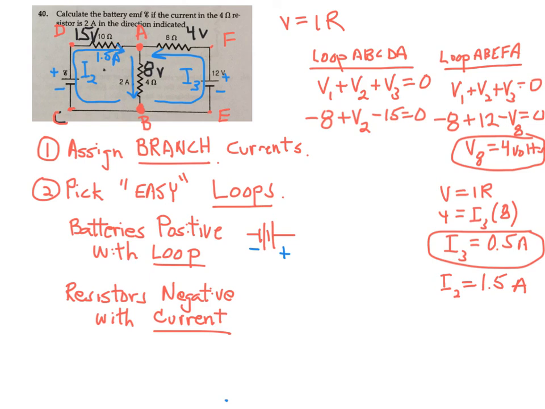So the batteries you do by the path you're taking, the loop you're taking, the resistors you do by whether you're lining up with your current assignments. All right? So the batteries are irrespective of the current flow. They're based on how you picked your loops. You'll see more of that as we go along here.